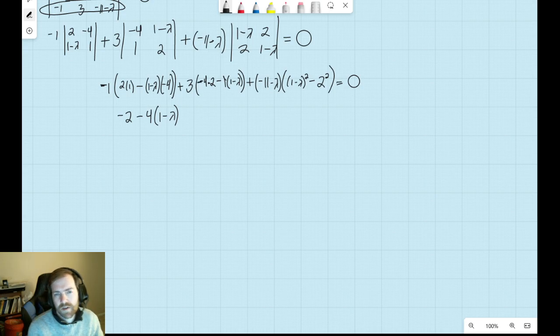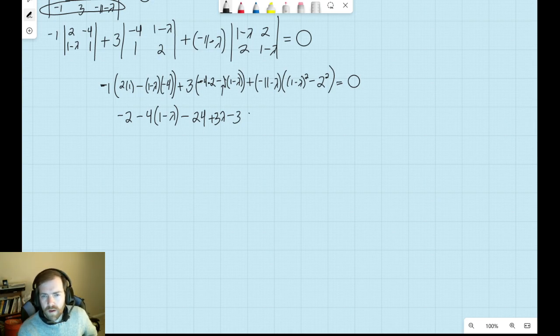Next term is going to be -8 times 3 is a -24. And the negative here can come in to make this a positive 3 lambda minus 3. Plus.